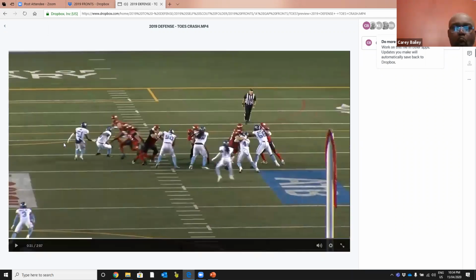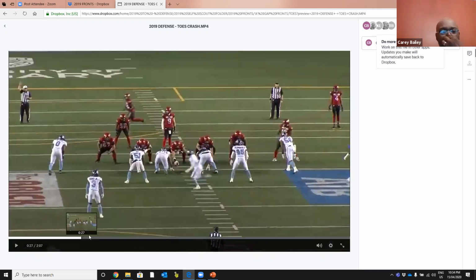See that? Why does that happen? Now, I'm going to tell you why that happens. Anytime that you see a defensive end not come flat when he has a down block or this type of gap exchange, or if he has a crash stunt on, or whatever you call it, if you ever see him hesitate and climb or get too high, his eyes are not going here to here.